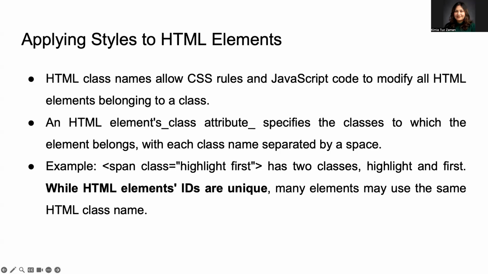For example, take this element: span class equal to highlight first. Here, the span belongs to two classes, highlight and first. Notice how the class names are separated by a space. This means the element will inherit styles from both the highlight class and the first class. So the key difference is IDs are unique, used for one element only, and classes can be used on many elements, which makes them great for applying consistent styles across your page.